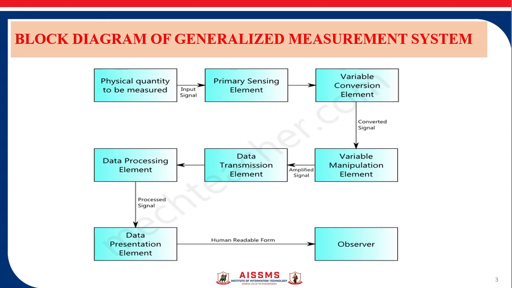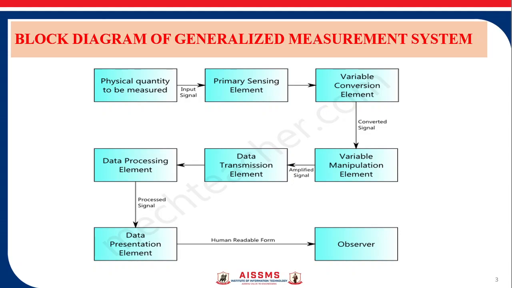Then we have the next block called variable manipulation element. The signal gets manipulated here, again preserving the original nature of it. For example, an amplifier accepts a small voltage signal as an input and produces a voltage of greater magnitude. The output is the same voltage but of higher value, and it acts as a voltage amplifier.